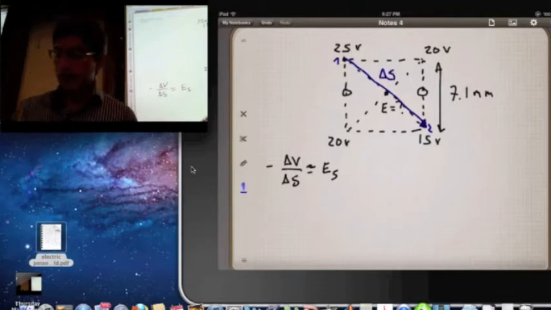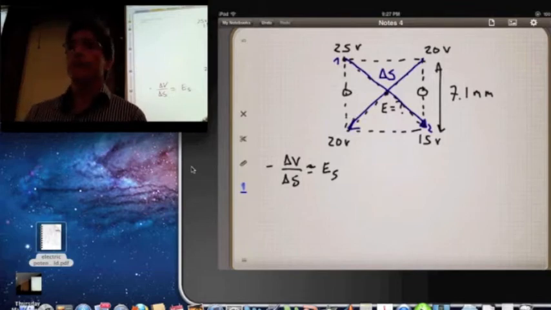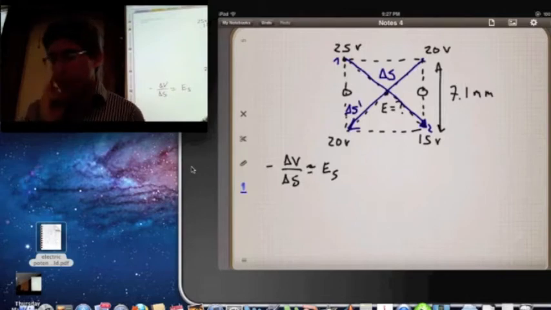And another possible direction is along the other diagonal. So in one calculation, you will get the component of the electric field along this diagonal, and in the other calculation, you will get the electric field component along this diagonal. And then you will have both components, which would specify the electric field completely.